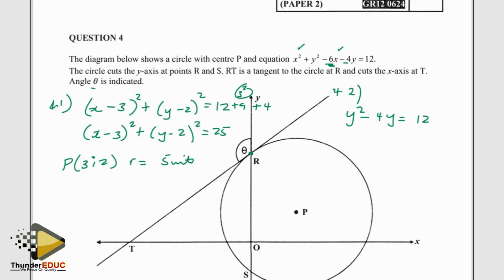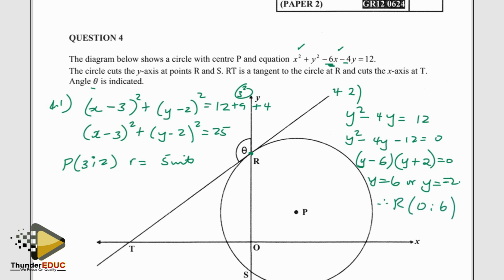Then I can transpose this: y squared minus 4y minus 12 is 0. Which factors are those? I think it's 6 and 2. I'll make this a negative and a positive. So y is 6 or y is negative 2. But we know that R is on the positive y-axis. Therefore, R is going to be (0, 6).